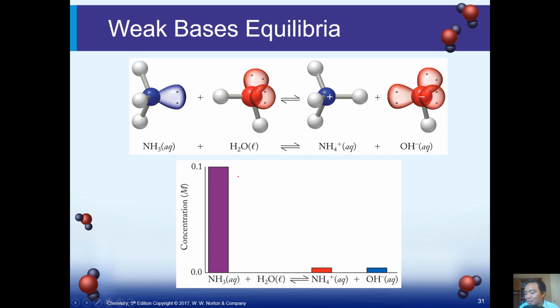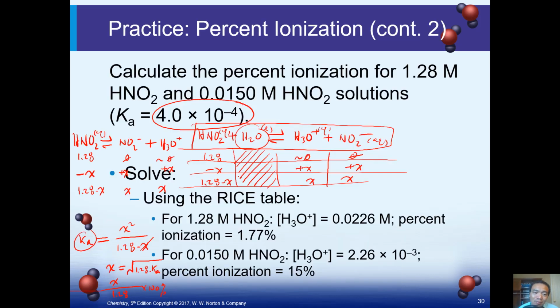Okay, so on the left side and on the right side, you end up with the same Ka expression because H2O is not included. So you can actually do the calculation of percent ionization, and the result is 1.77% for higher concentration. And for lower concentration, much lower concentration, you have a much higher percent ionization.